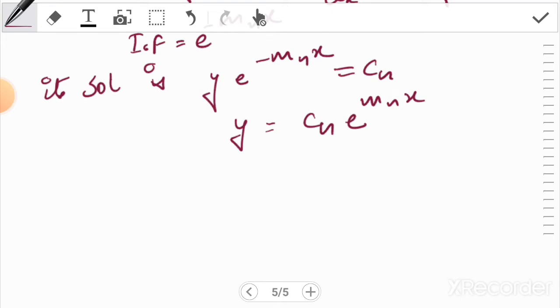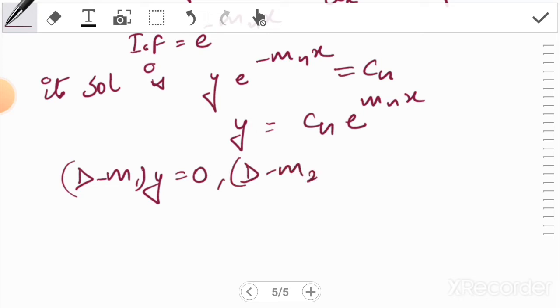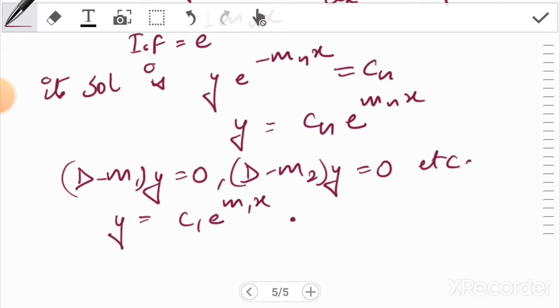Similarly, other factors can be taken in any order, and it will be satisfied by the solution of (D minus m1)y is equal to 0. Similarly, (D minus m2)y is equal to 0, etc. And y will be equal to c1 e raised to the power m1x, y is equal to c2 e raised to the power m2x, and so on.